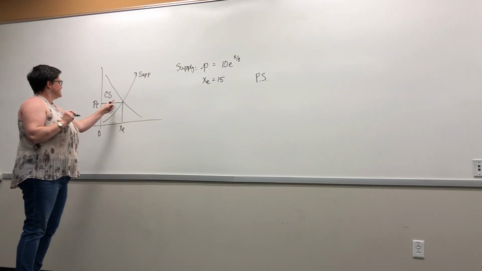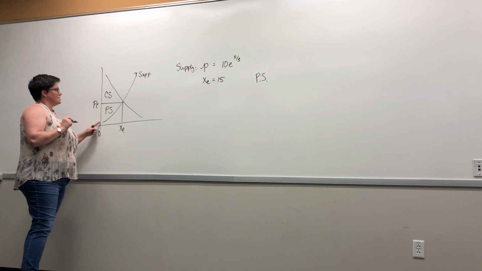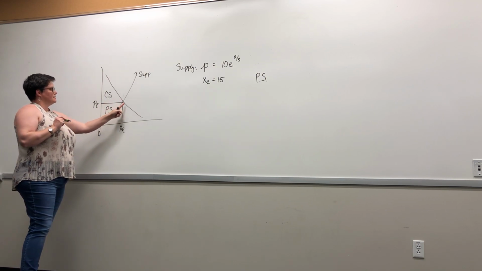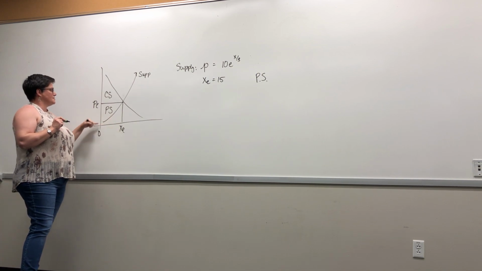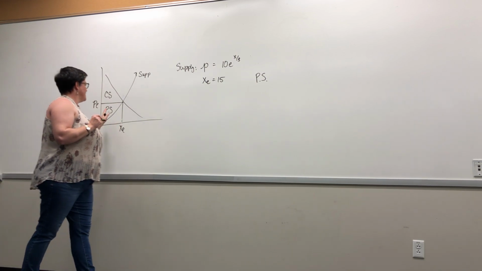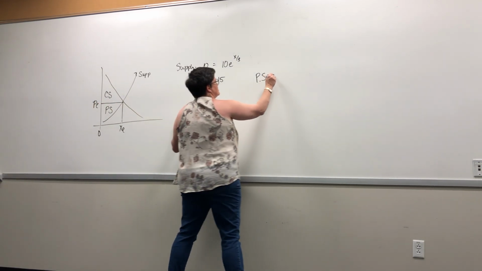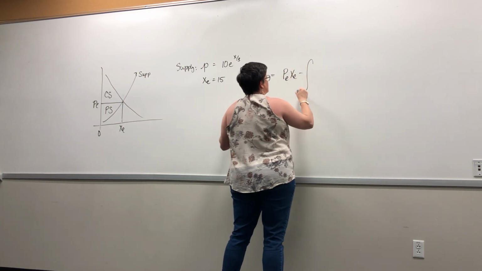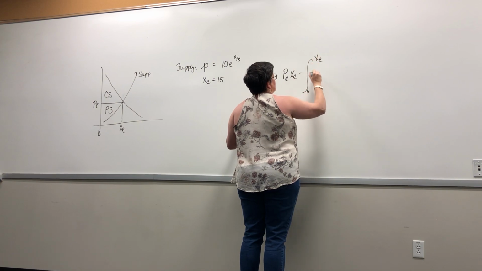And that'll give us this. So if we take the revenue at equilibrium, which is x times p, that gives us the box. And then we subtract out the integral under supply from 0 to x sub e, and that gives us producer surplus. So it's PE XE minus the integral from 0 to XE of supply with respect to x.